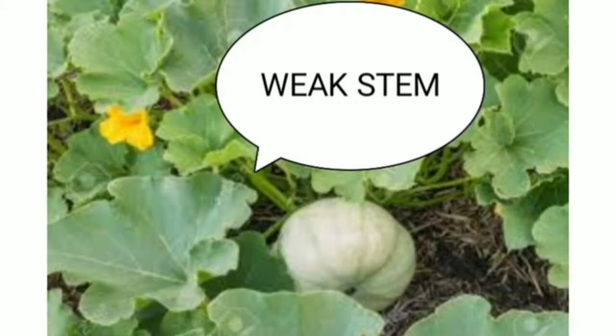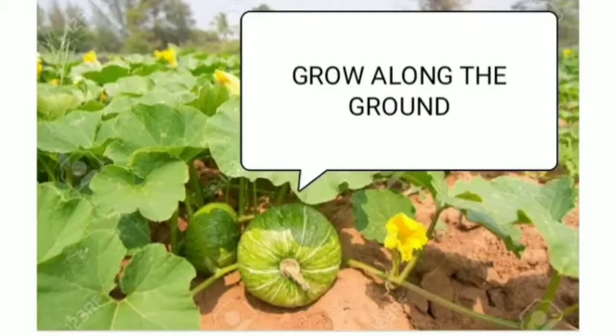Children, examples of creepers are, see this pumpkin, it grows along the ground. See this picture, it's a pumpkin plant. How does it grow? It grows along the ground.